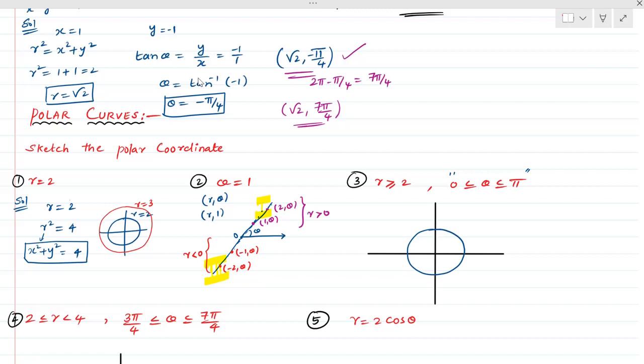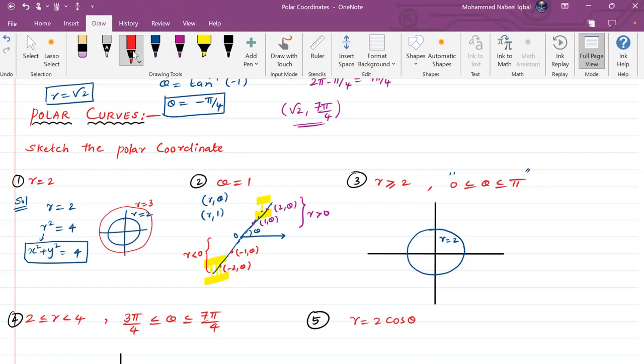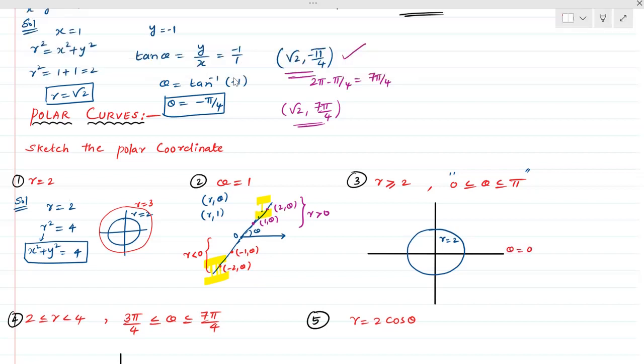But in this one, it is asking for more than 2, and the theta value is between theta equals 0 and theta equals pi.